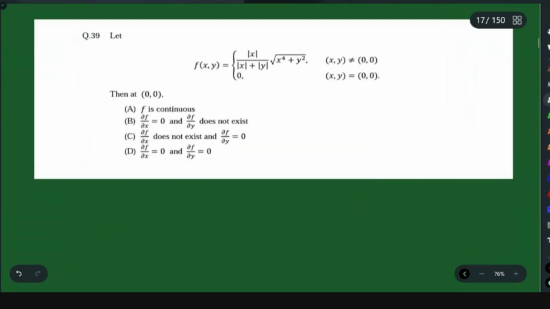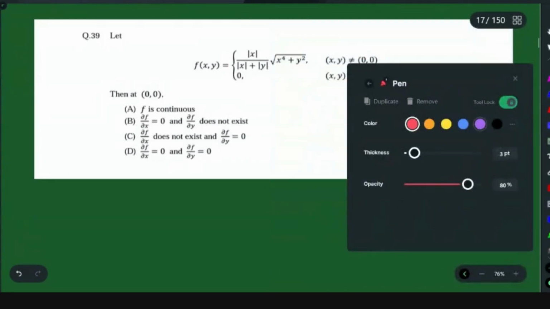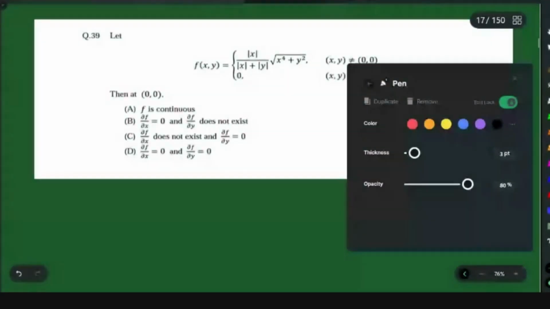Whether the limit of the function as (x, y) goes to (0, 0) is equal to 0. Why? So you have to check, sir.